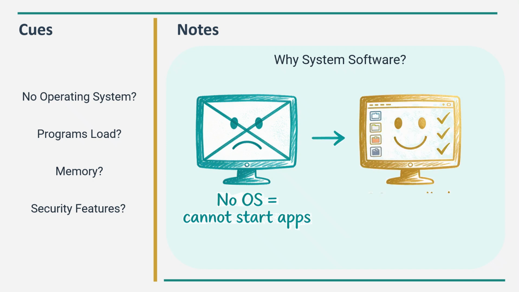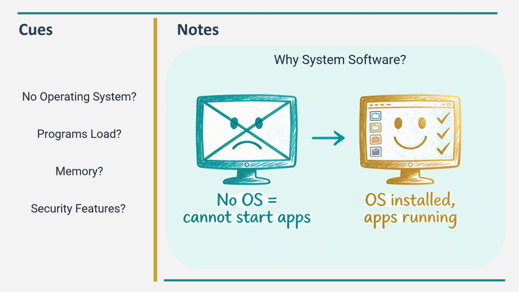It also handles security features like usernames and passwords and permissions that control who is allowed to access certain files. That's why questions like, why do we need an operating system, appear often in the exam. The operating system is absolutely essential for the system to function.